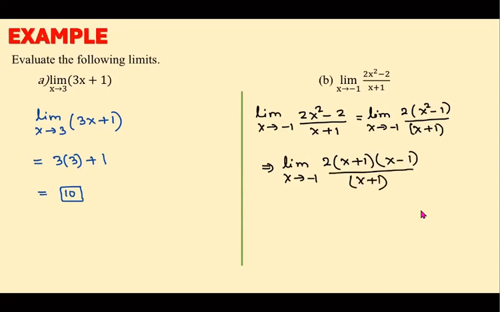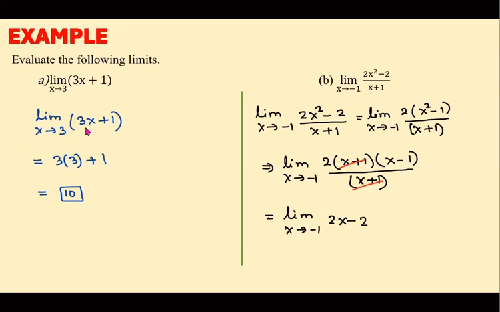By doing that, we have x plus 1 in the denominator and x plus 1 in the numerator. We can cancel that, and we are left with the limit as x approaches -1 of 2 times (x minus 1), which is the same as 2x minus 2 times 1, that's a 2.